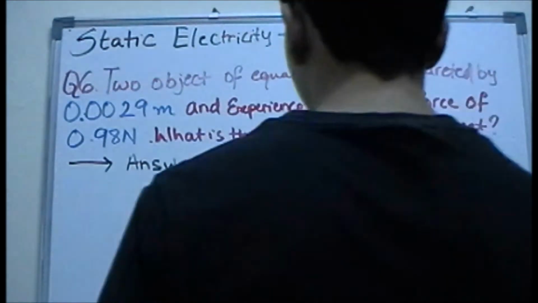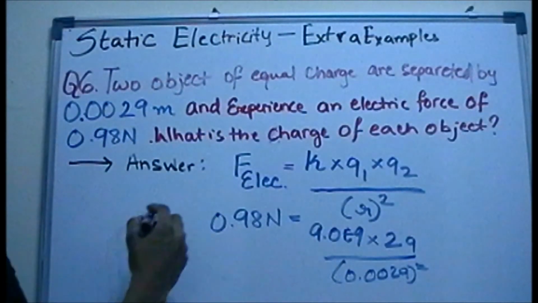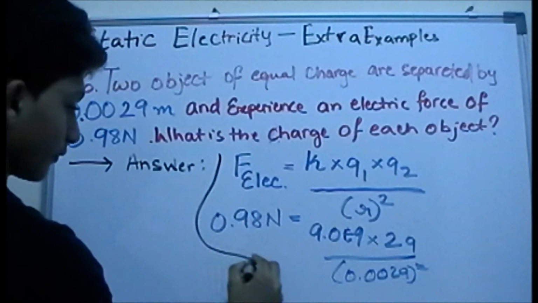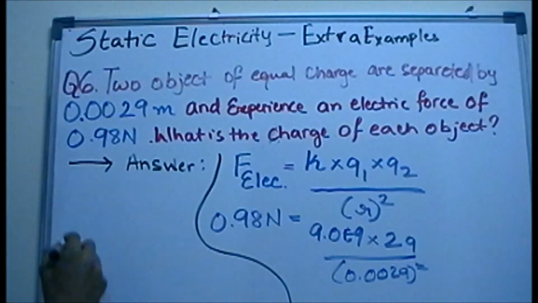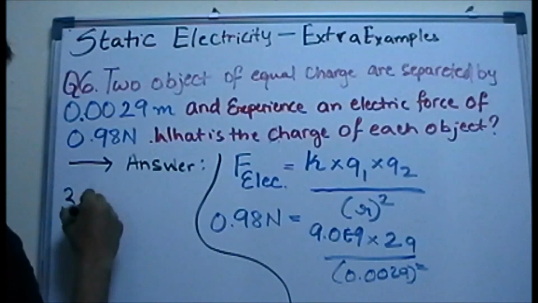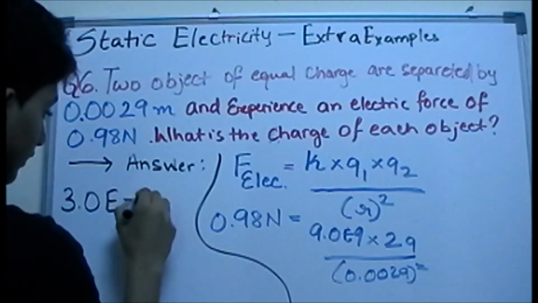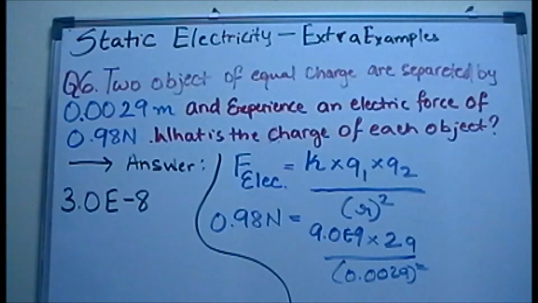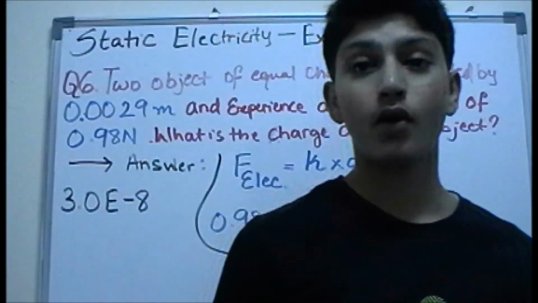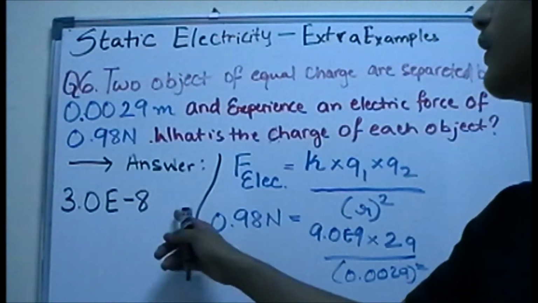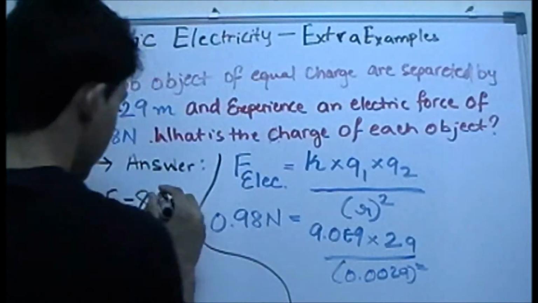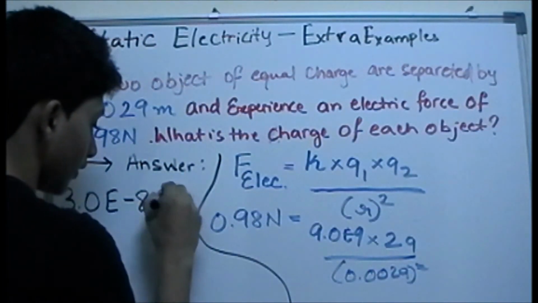The answer that you get is 3.0 E negative 8. And remember our last step, which states that you need to write the unit, and the unit is C, for coulombs.